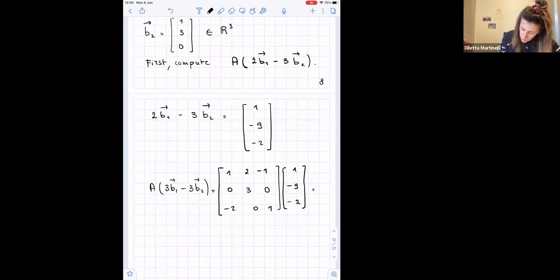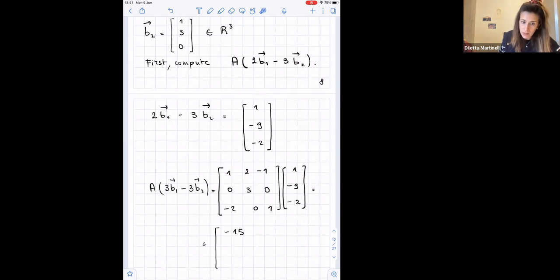So how do we arrive at the solution? We have to consider the inner product between these rows and this vector. So 1 times 1 plus 2 times minus 9, so we get 1 minus 18 plus 2, which is minus 15.